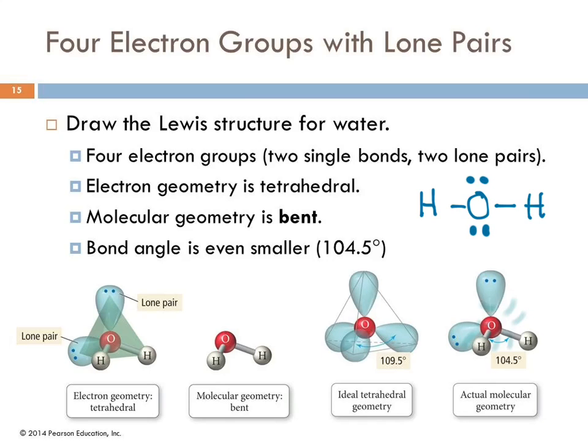We look at the central atom, oxygen, and we see that it has 4 electron groups. Lone pairs are groups, single bonds are groups. 4 groups arrange themselves in a tetrahedral geometry.